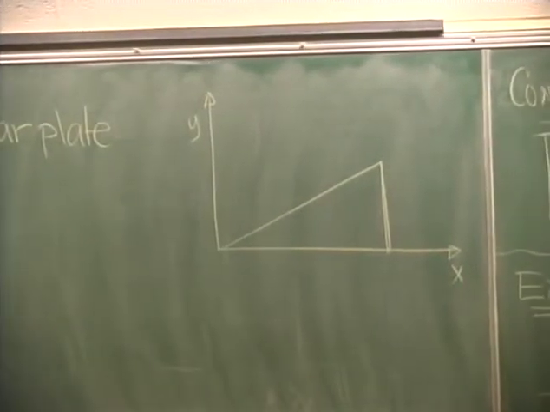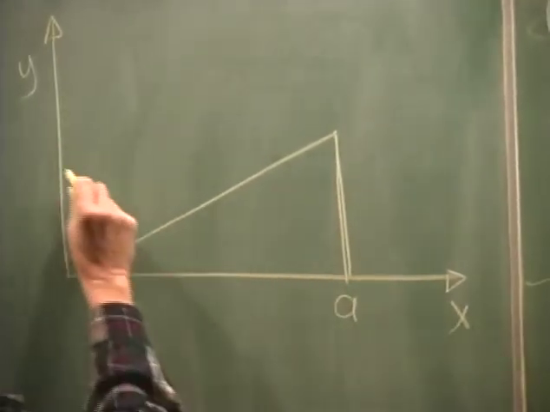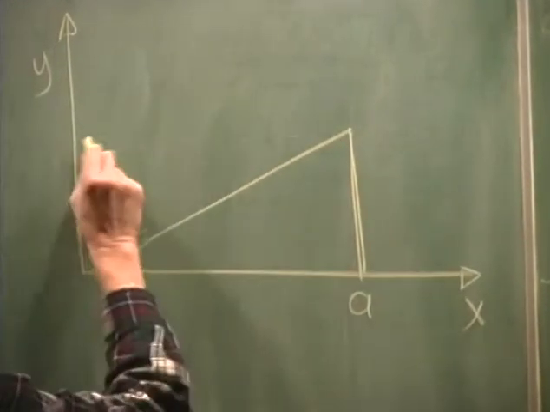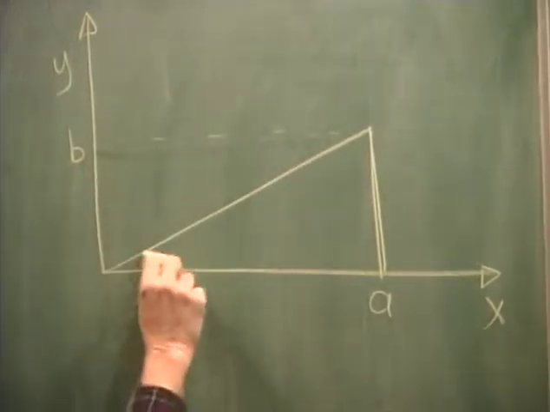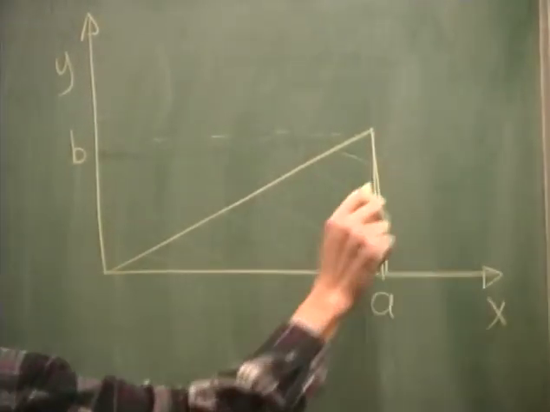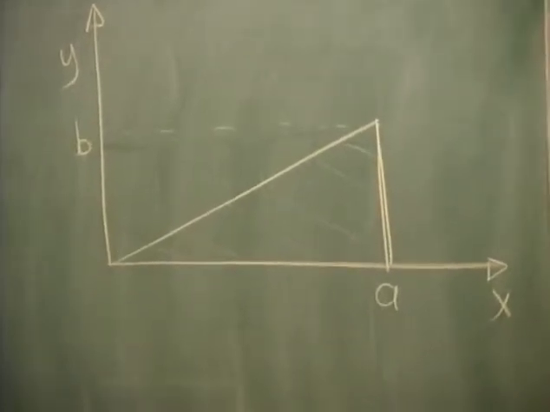And let's see, let's give it some dimensions. I'll say that the x dimension is A and the y dimension is B. And I want to know where is the center of mass of that thing.